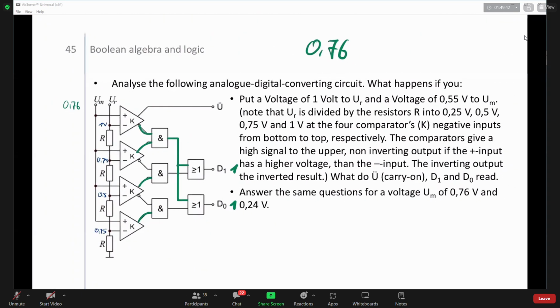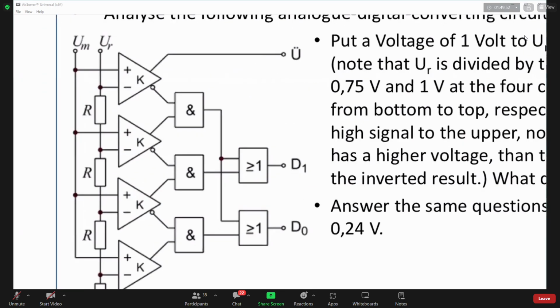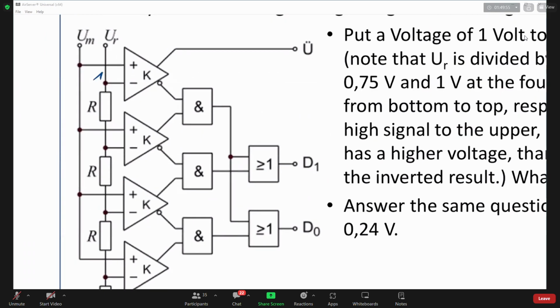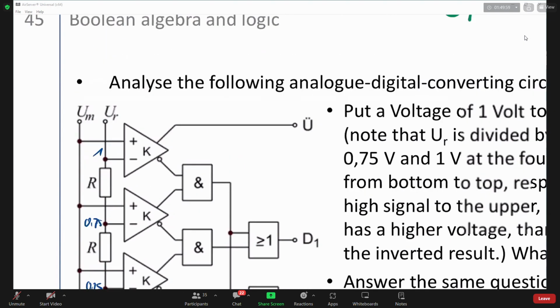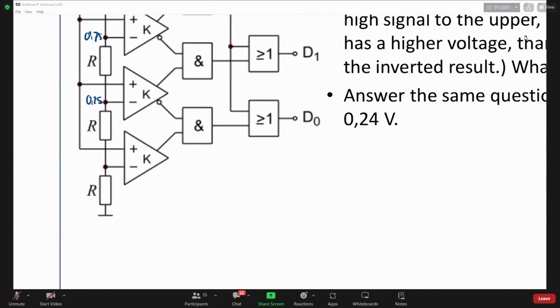And the last one, 0.24. Again, 1, 0.75, 0.5, and 0.25.